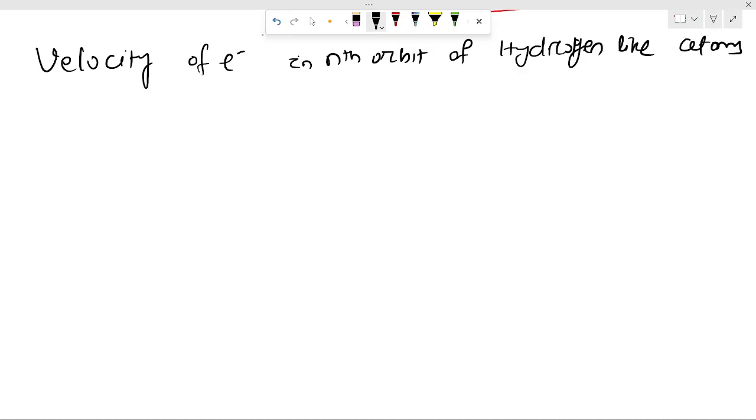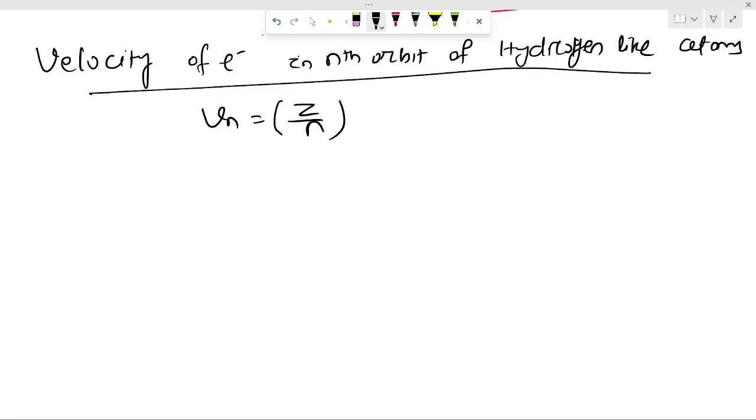We have calculated the radius expression. Let us calculate for velocity. Let us first write the velocity expression, that is z upon n into e square upon 2h epsilon naught, isn't it? Yes, give it equation number 1.